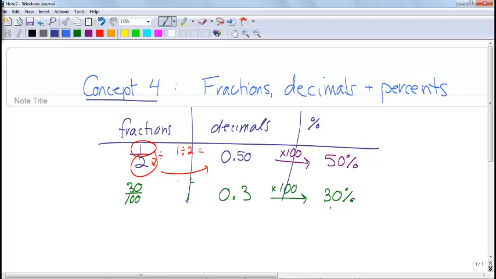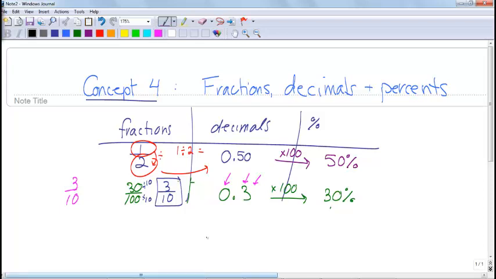This probably isn't new news to you. So the common factor between 30 and 100 is 10, which ends up being 3/10. Now, another way you could get that, if you remember, you've got your ones column, your tenths column, your hundredths column. So 0.3 is the same as saying 3/10. So that's another way to think of it.